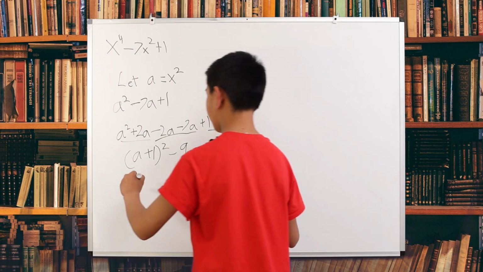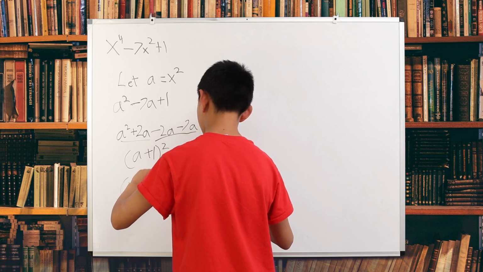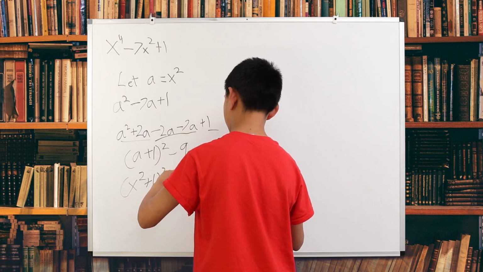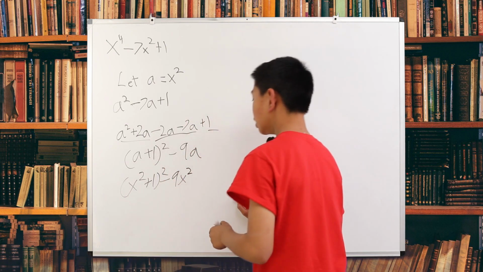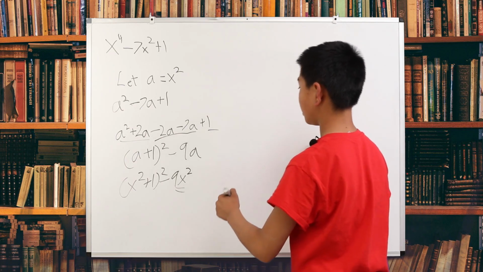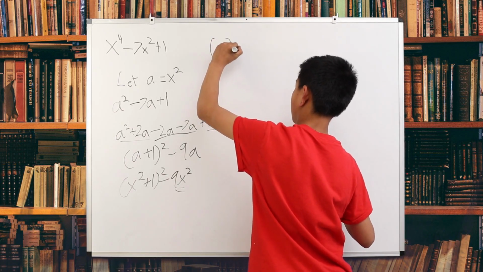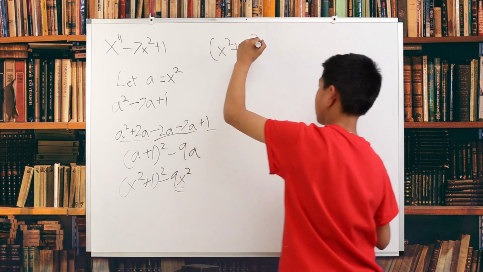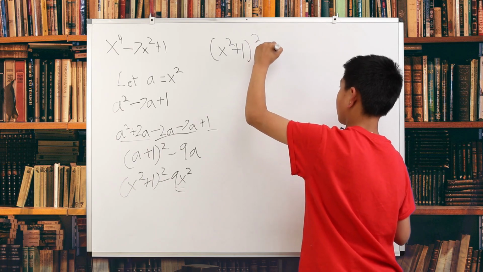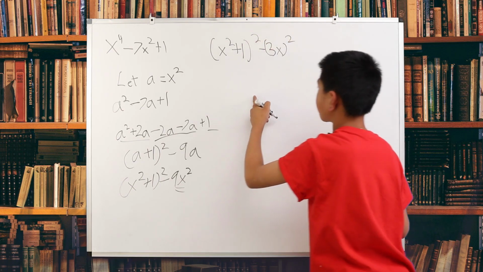So right here, it's going to be x squared plus 1 squared minus 9x squared. Now we have to make this a complete square. So we can write it up here: x squared plus 1 squared minus, well, what's the square root of 9? That's going to be 3. So it's 3x squared up here.